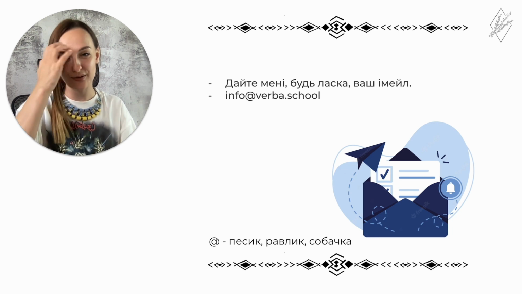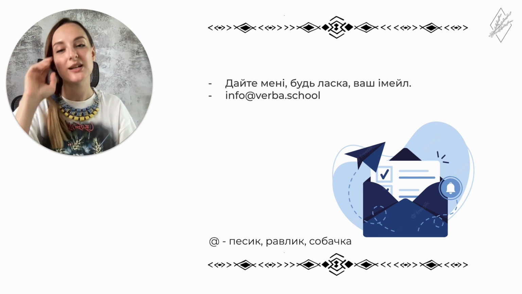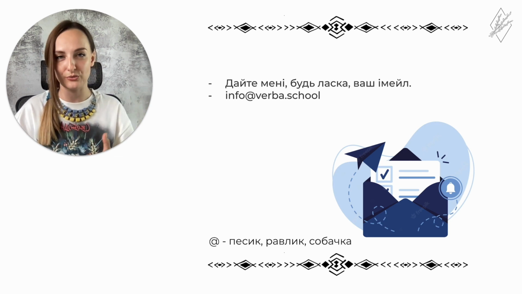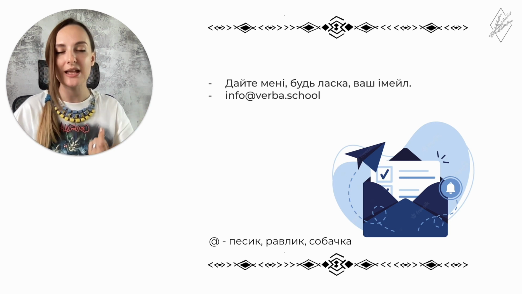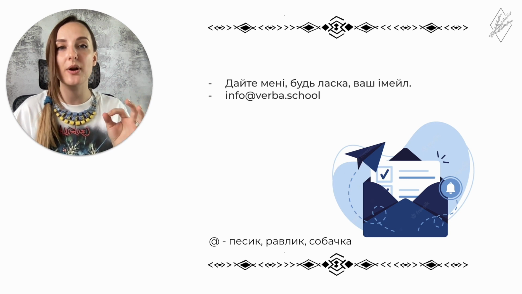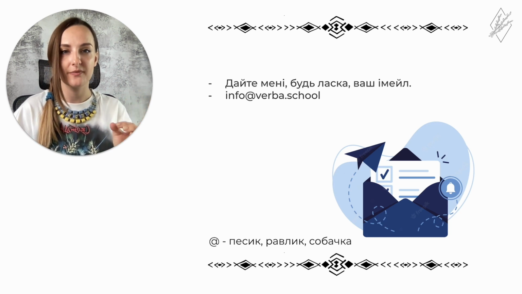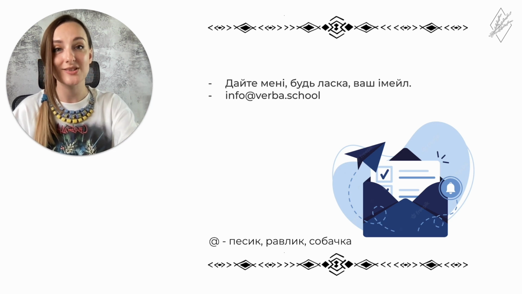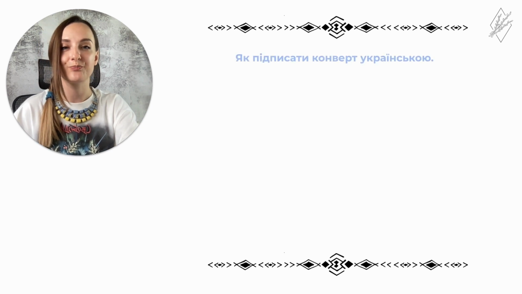In Ukrainian, it looks like a snail a little bit. But still, in conversation, we can use any of these names. And dot will be крапка. VERBA, крапка, school. So these are the symbols that we use for saying our email in Ukrainian.